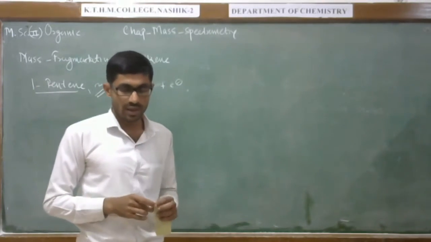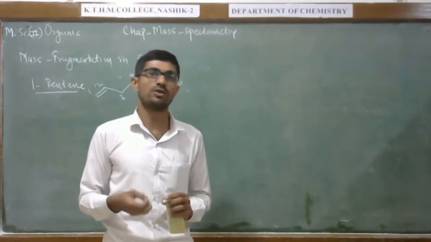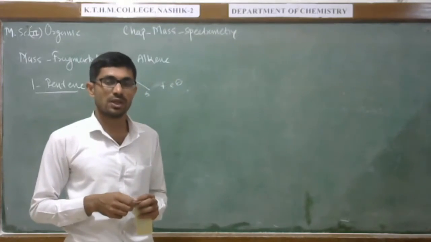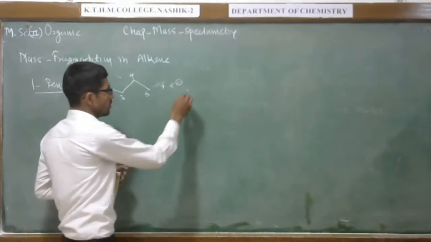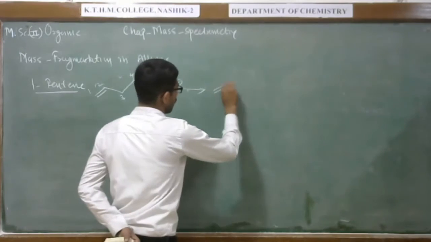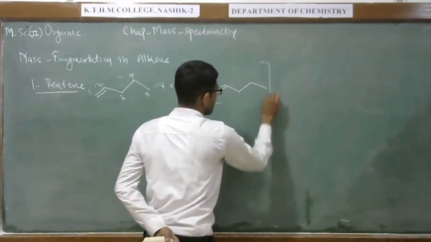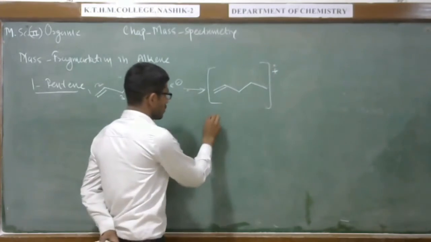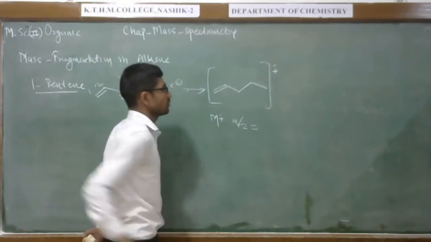In alkene, a pi electron is present. That pi electron is loosely bound, as you know very well. After bombarding, this loosely bound pi electron is removed from the alkene, and there is formation of the molecular ion peak. We can represent the molecular ion peak like this. So this is the molecular ion peak observed at a particular mass to charge ratio.